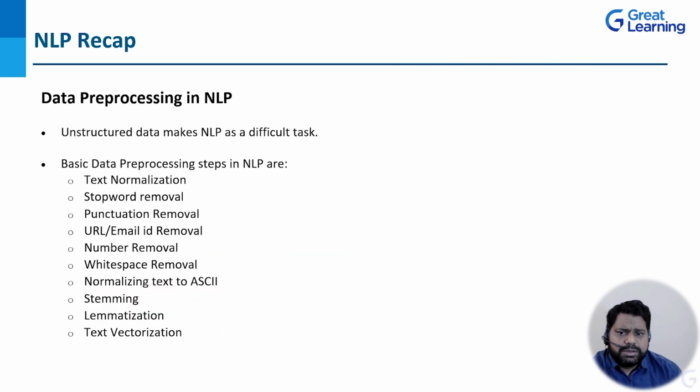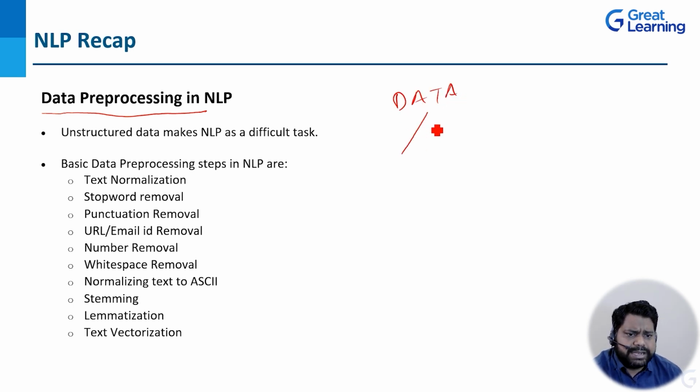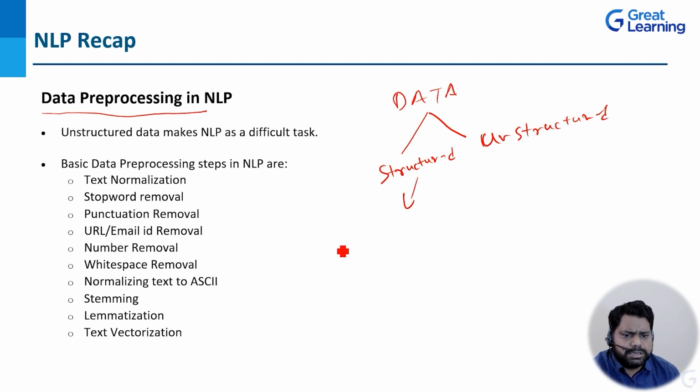So what are the things we can do with natural language processing, or the basic data processing in natural language processing? Before we go and discuss that, data can be of two types. Data can be either structured, or it can be unstructured. What do I mean by structured?